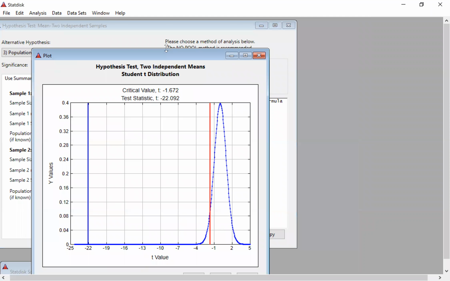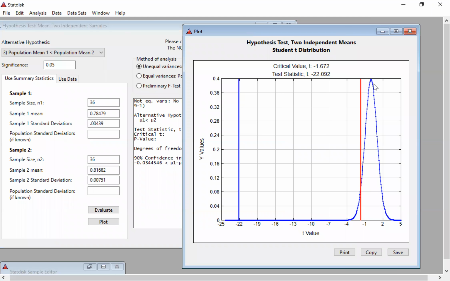Let me move this over. We can also go ahead and hit plot. And what we see in the plot is this is a lower tail test, and our lower tail gets cut off by the critical value here at negative 1.672. And we're going to reject if our test statistic ends up in that left tail, and it does. And not only does it, our test statistic was negative 22.092.